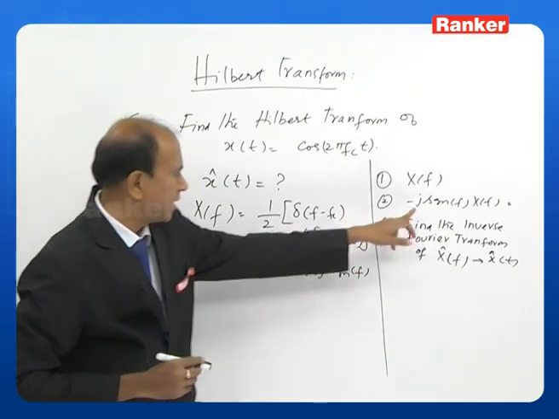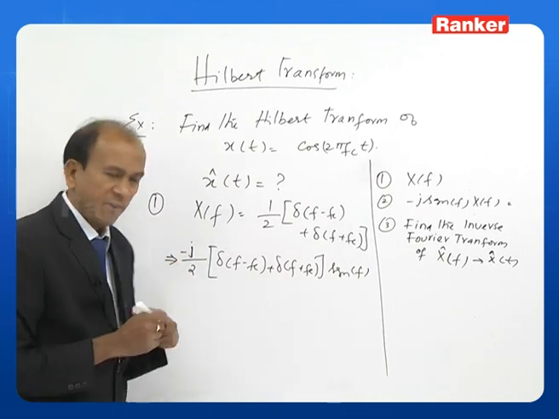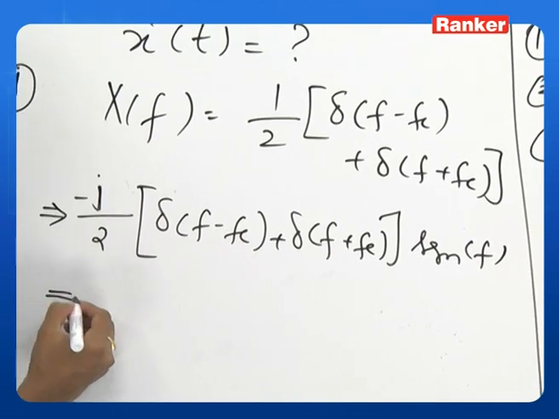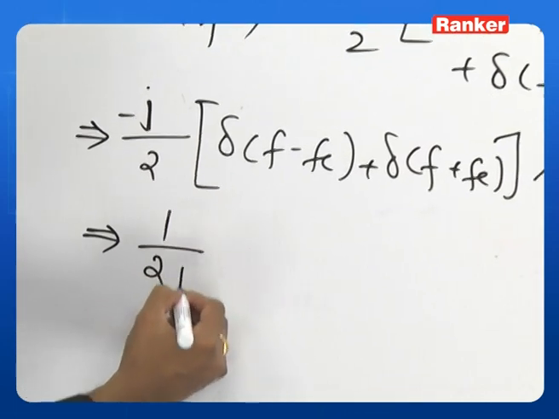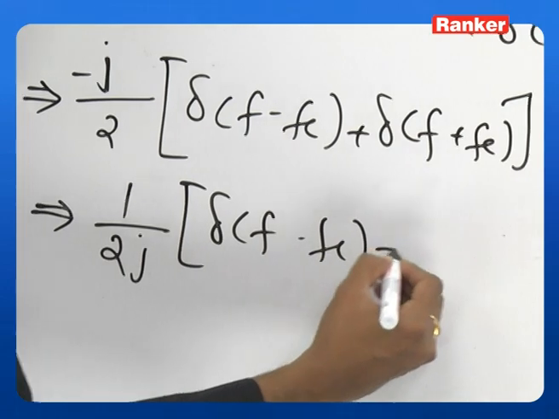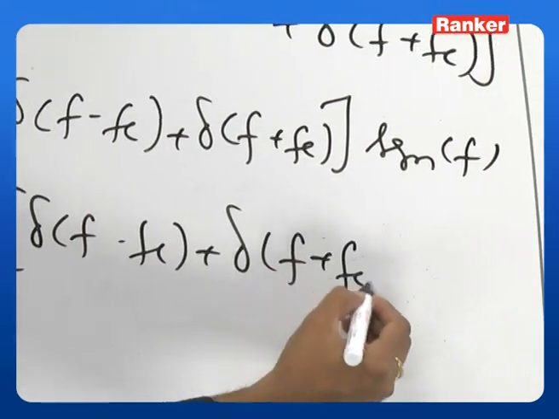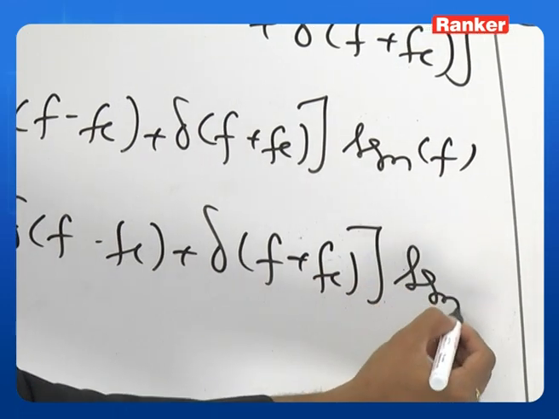Same thing, minus j signum of f, half is already there. So, minus j by 2 signum of f. Now, this I can write as 1 by 2j, delta of f minus fc plus delta f plus fc, signum of f.